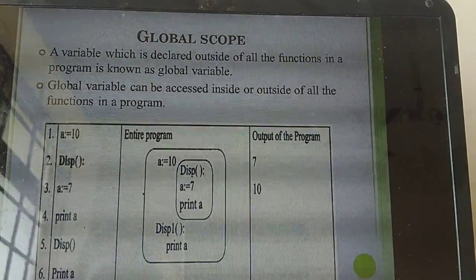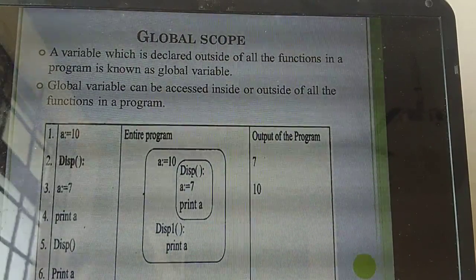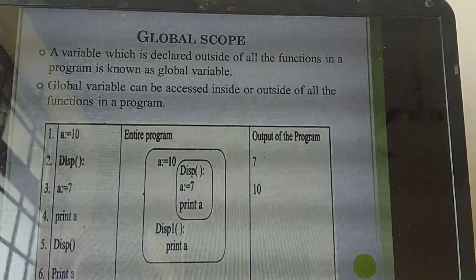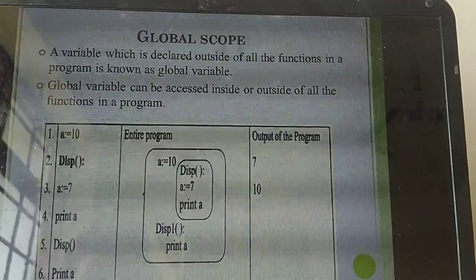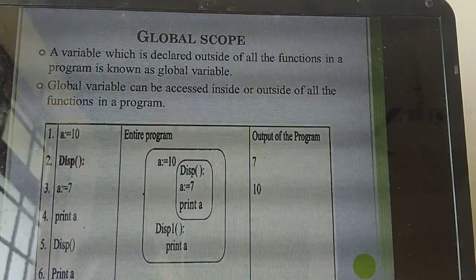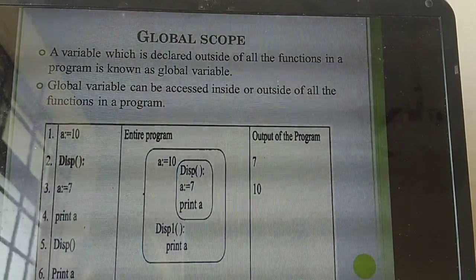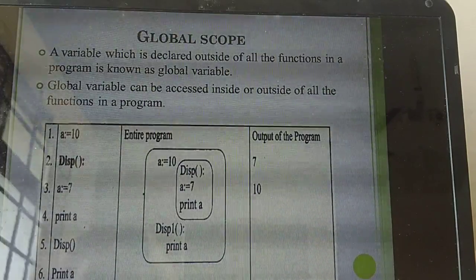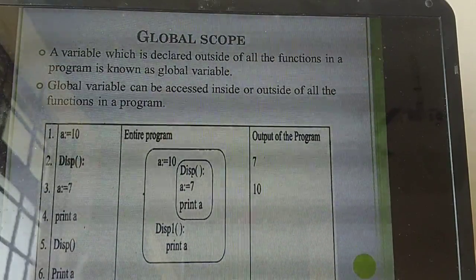But global scope is not like that. You can access a variable inside the function as well as outside the function. That variable is called which variable? Global variable. Understand?